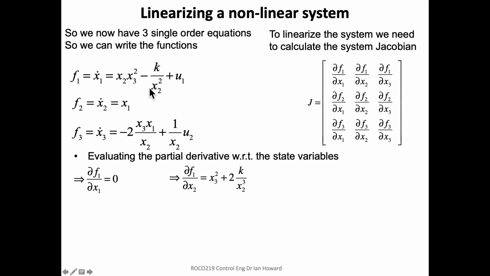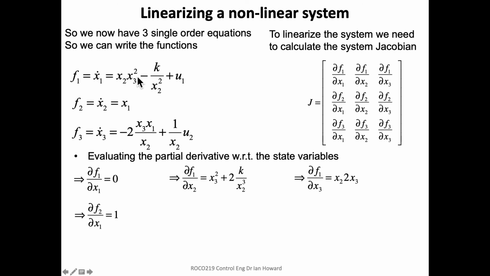So that's just changing the sign here and changing it from a second to a cubed. And the u1 disappears because it's a constant. And then we do everything with respect to x3, and we can see the second term disappears completely, and then we've got x2 times 2 x3, right? Because that's this differential here.